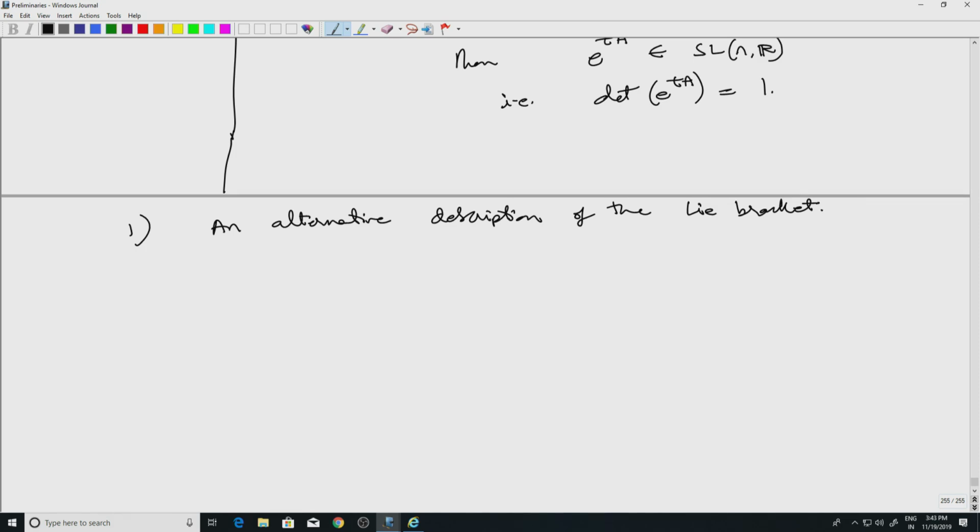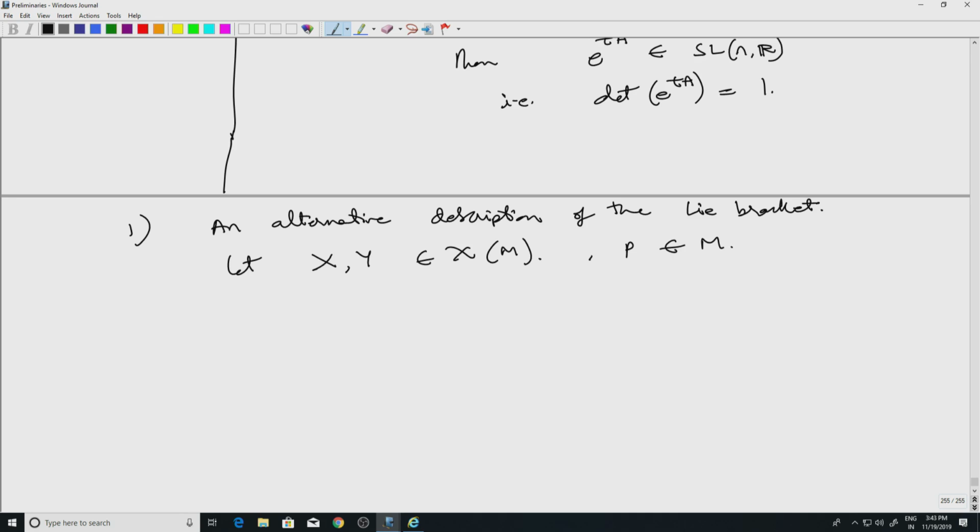For this, I proceed as follows. Let X, Y be vector fields on a smooth manifold. Let's take a point P in the manifold.